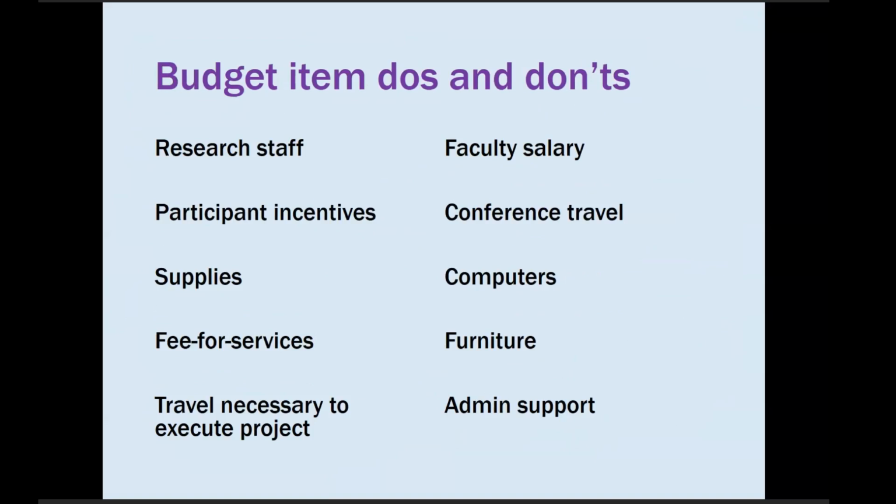They're usually maybe some RA time, participant incentives, of course, supplies, fees for any services that you might need to be using, and travel that is necessary to execute the project. So let's say you're having people drive out to Hartford or something like that. You could include travel expenses and that sort of thing.